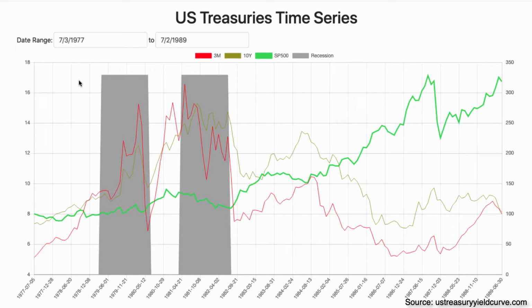So one of the things to consider when looking at these figures is that a recession could actually be going on, but it hasn't been officially declared yet. And then when the numbers come out and they revise the GDP growth numbers, then the recession dates actually get revised.